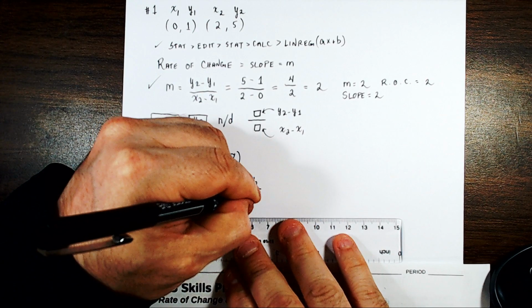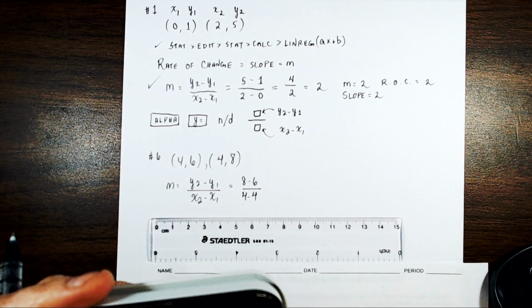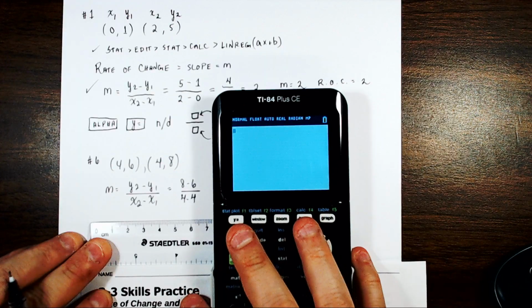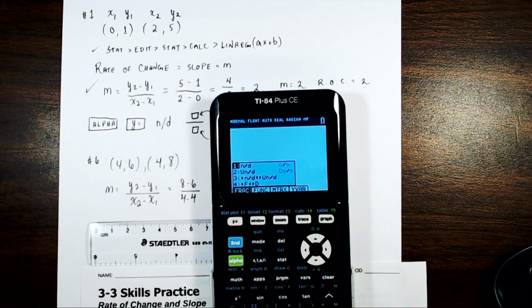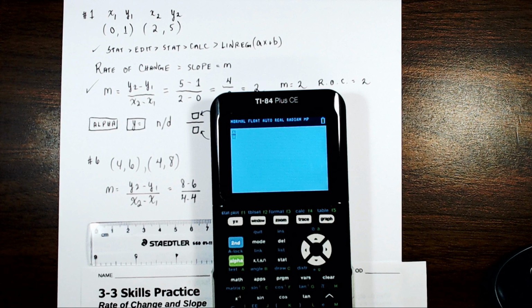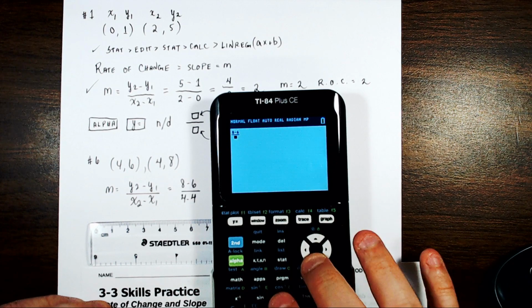So let's bring the calculator into this situation. If I use my new trick of saying second alpha y equals, and then I choose the first one, n over d, I put in 8 minus 6. Down on the bottom I put in 4 minus 4.